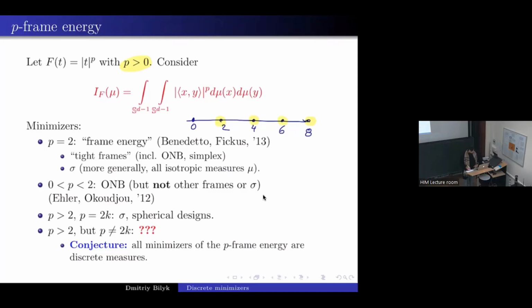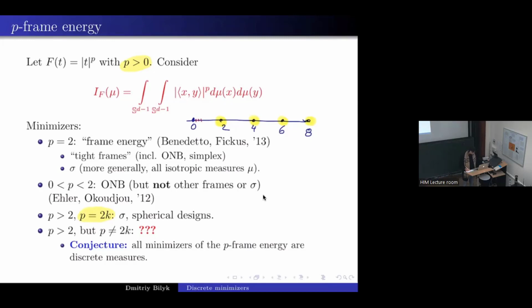For p an even integer greater than 2, sigma is a minimizer because it's positive definite. But also spherical designs, for example, are minimizers because it's a polynomial. So in these points, you have both absolutely continuous and discrete minimizers, and actually a whole zoo of minimizers in all of those points. However, one thing was already known before.